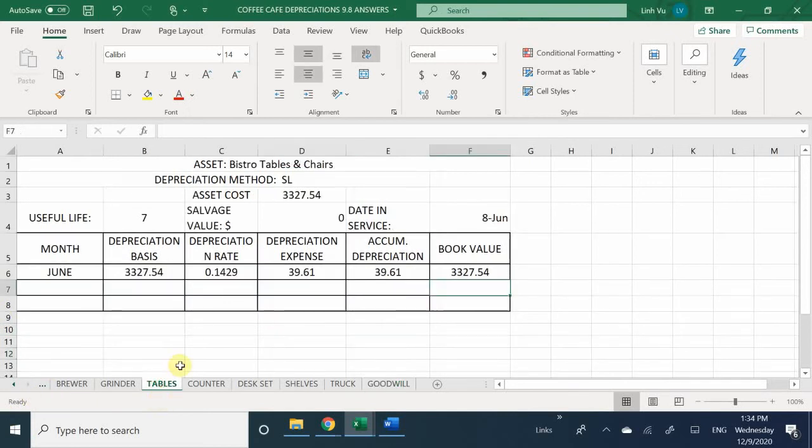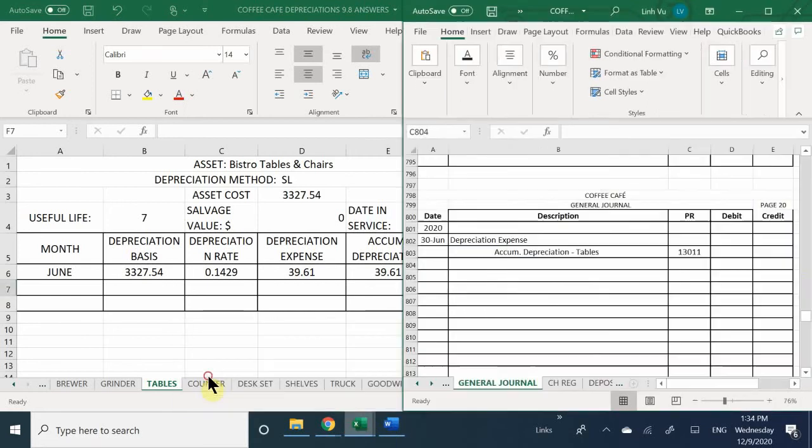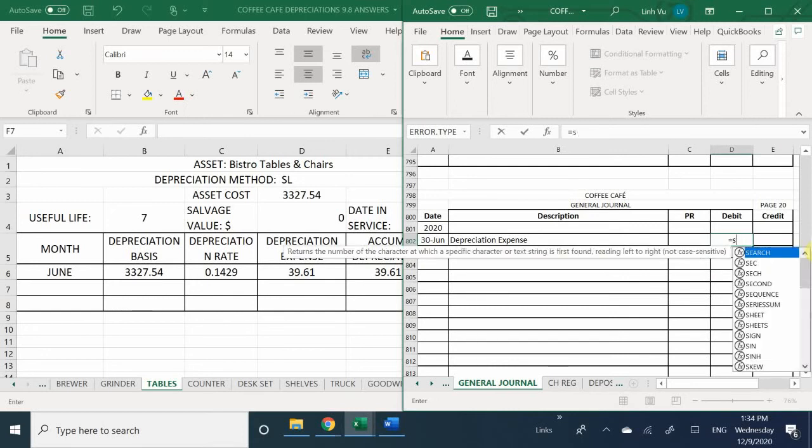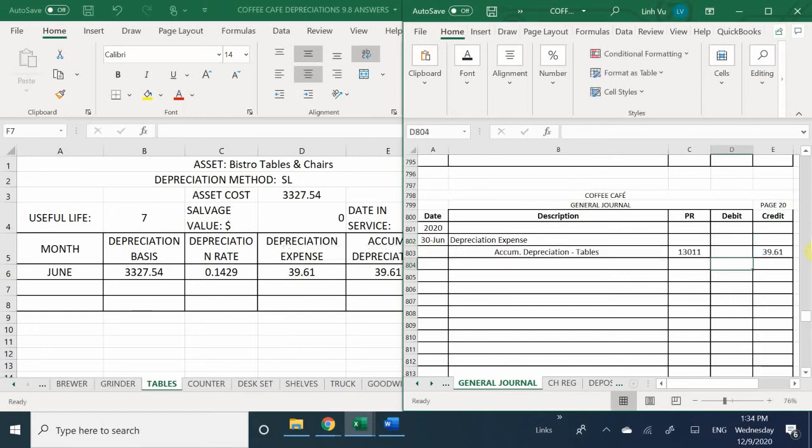How much is my depreciation expense for tables? 3961. So that's the first thing that we're going to do, and it's going to be a credit in this case. 3961. What I'm going to do here is make this an equal sum, but of course, once we have all of our numbers. So that's the first one.